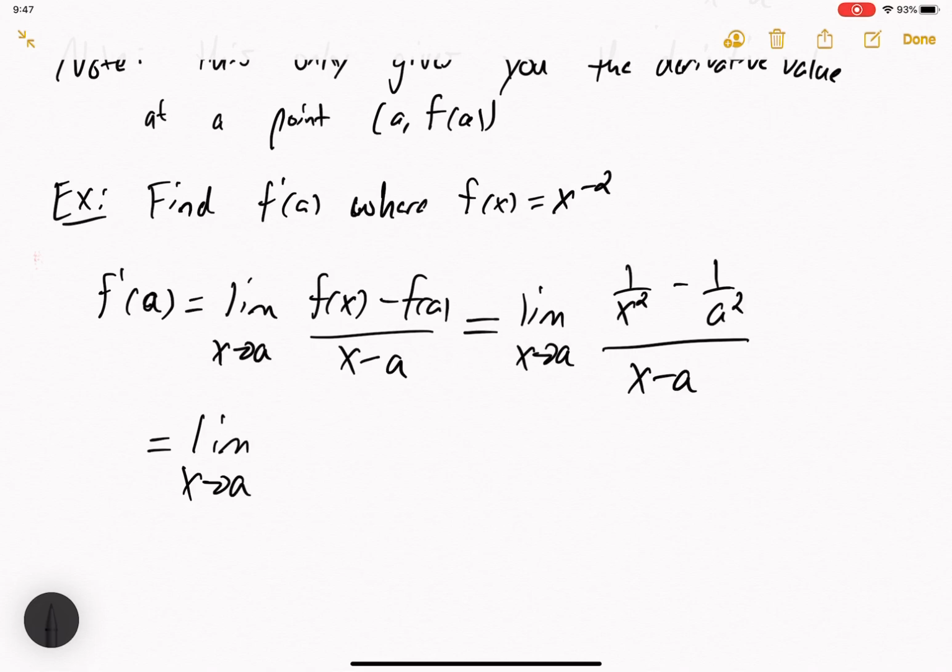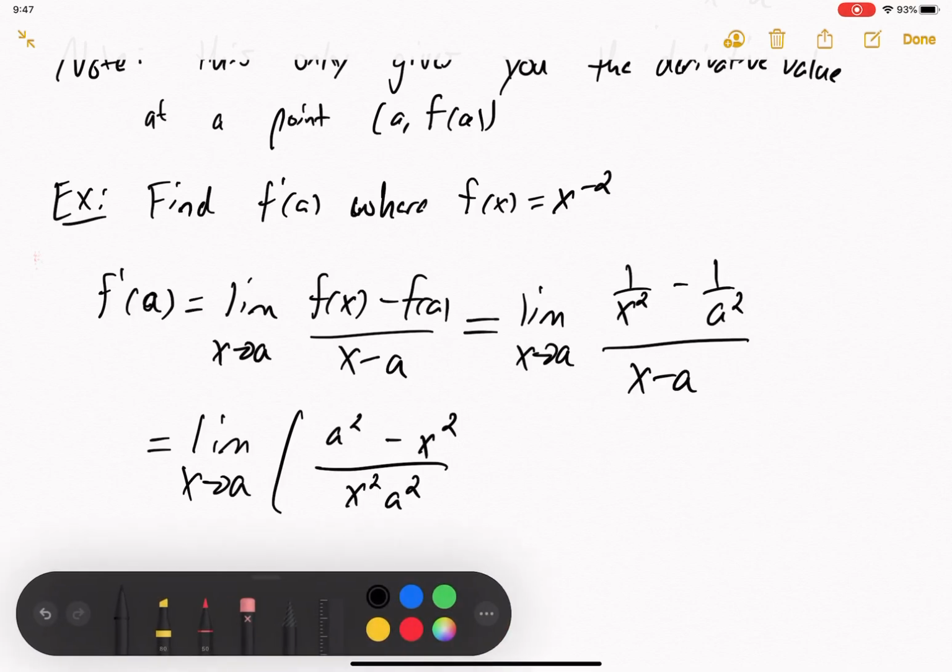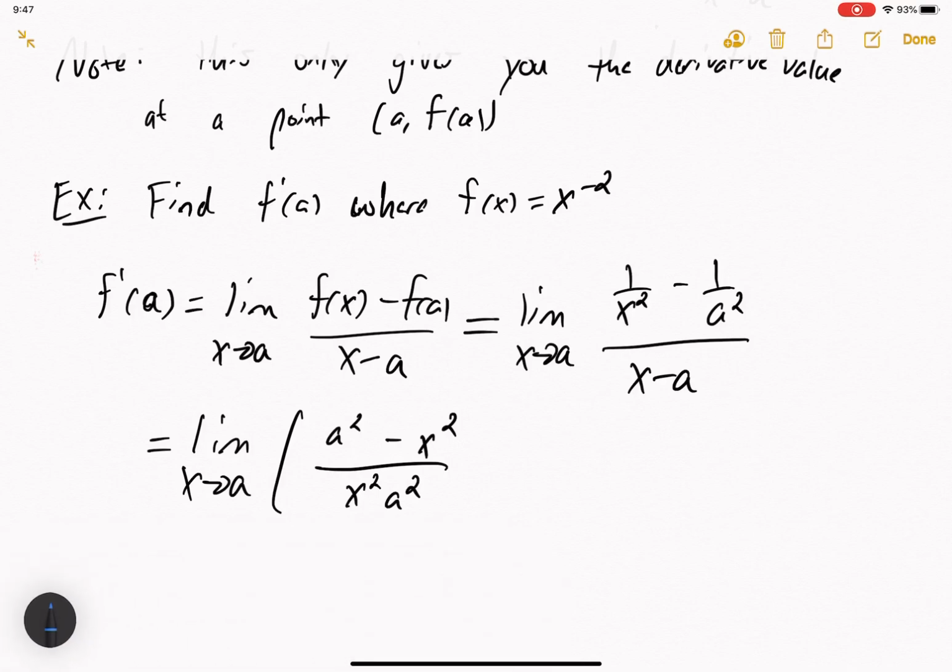So this will just be, let's see, a squared minus x squared over x squared a squared. Basically what I just did was, let me write it in blue. This was a squared over a squared.